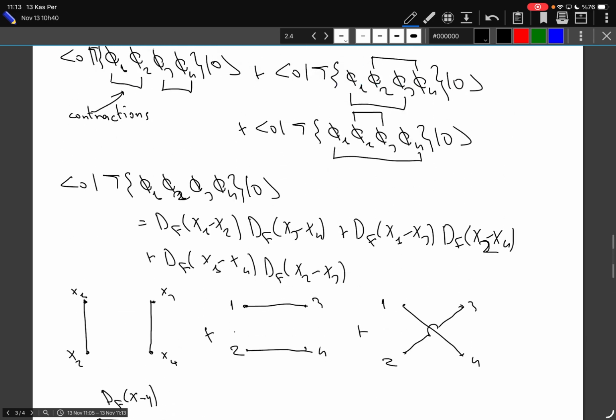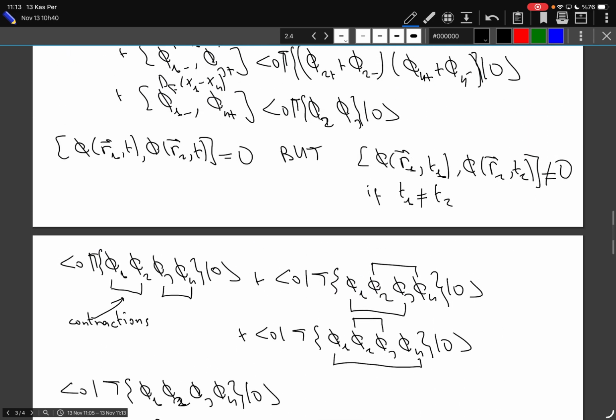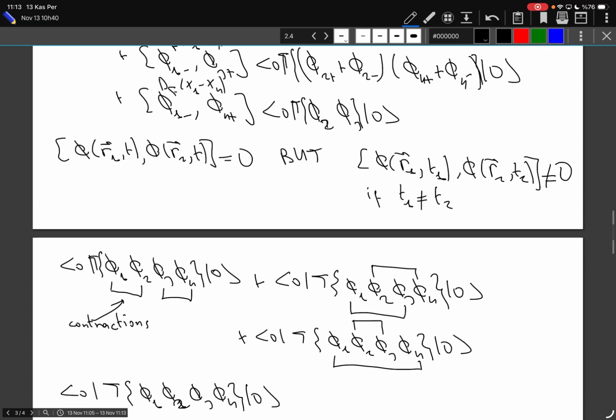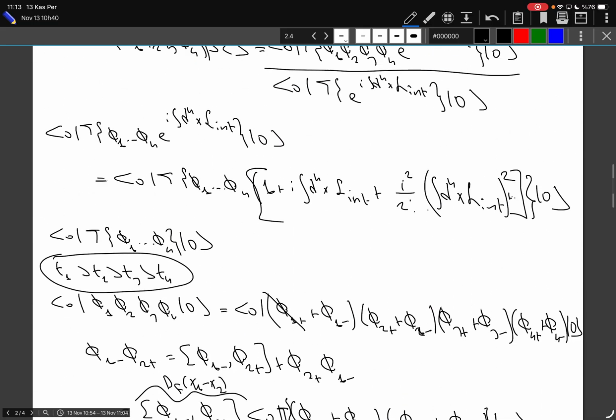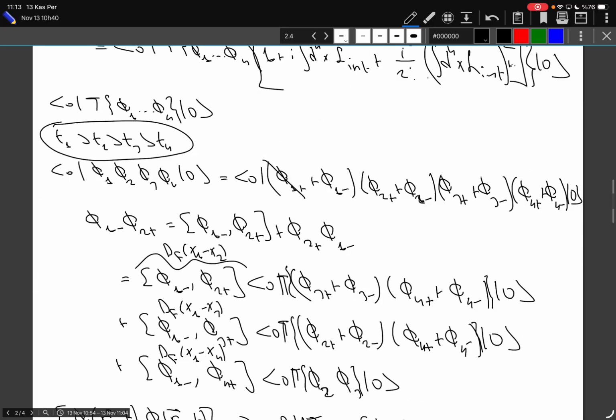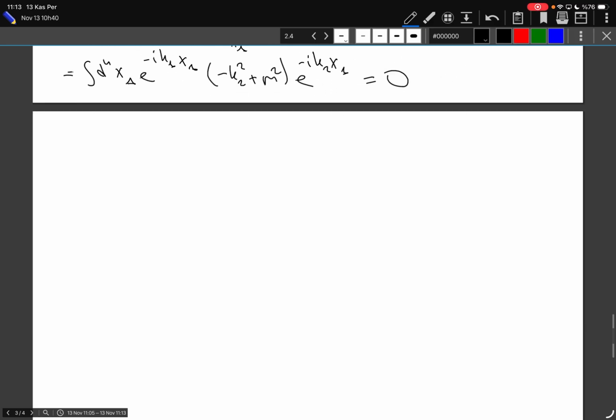Now, this was the first term in the expansion of the exponent. We have calculated the contribution of 1. Now let's look at the other term: i d4 x lambda over 4 factorial phi of x to the power 4.